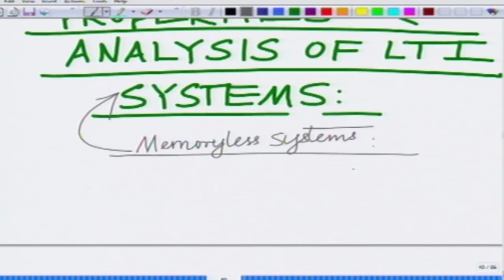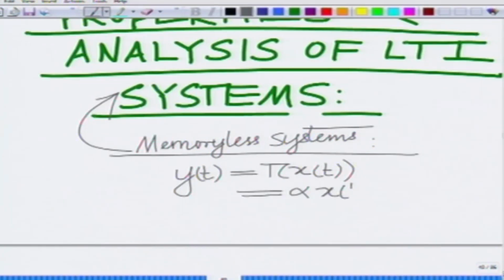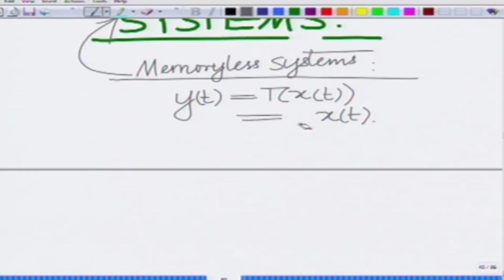Now remember, in a memoryless system the output y of t is simply equal to some constant k times x of t, which implies it depends only on the input at the current time instant.